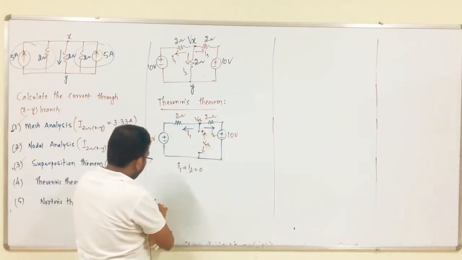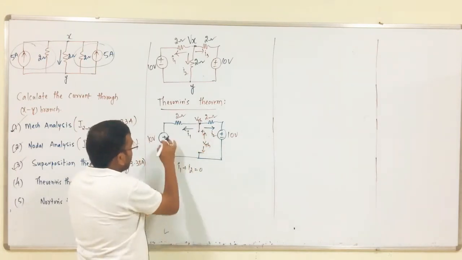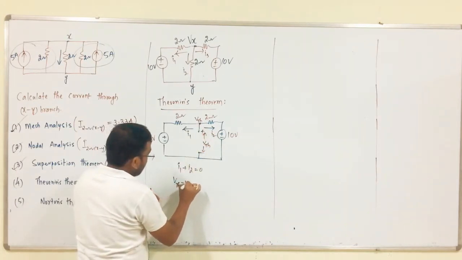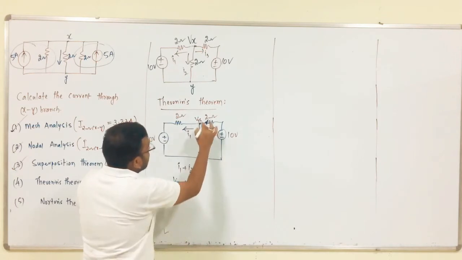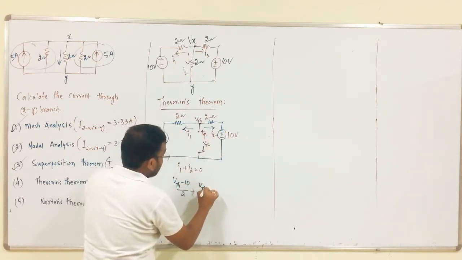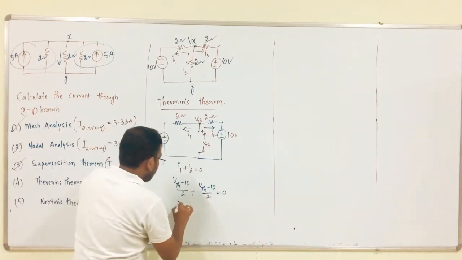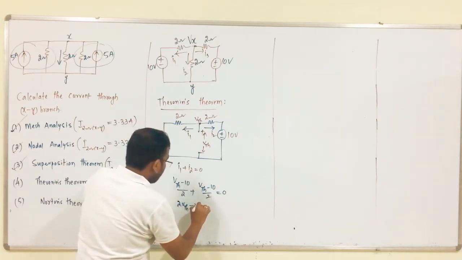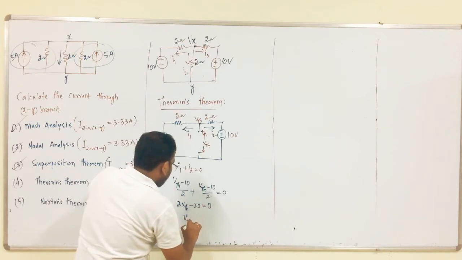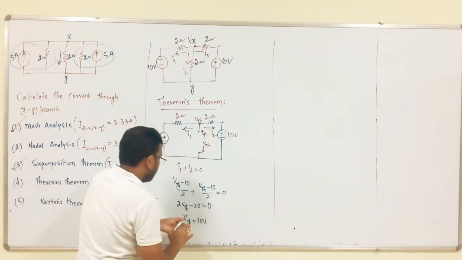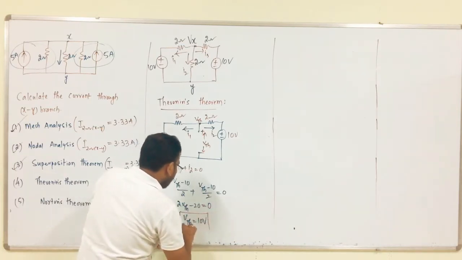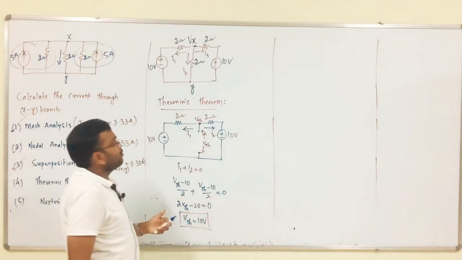What is the value of I1 here? (VTH minus 10) by 2 plus (VTH minus 10) by 2 equals 0. From this 2 VTH minus 20 equals 0, VTH equals 10 volts. Then the Thevenin's voltage is 10 volts here.